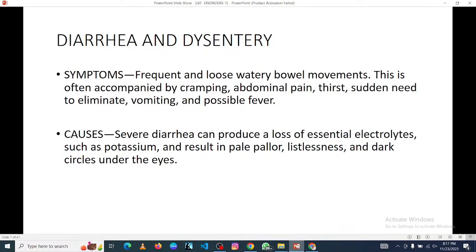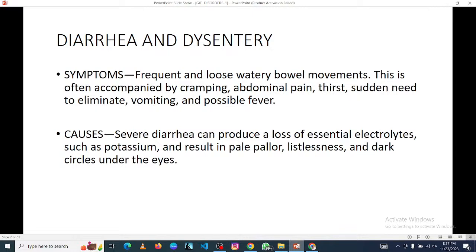Anyone who knows what dysentery is? I hope my voice is clear. What is dysentery? Someone who has a clue can help us out. Dysentery.